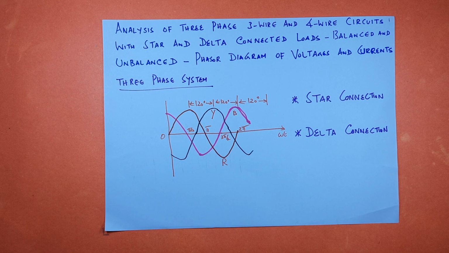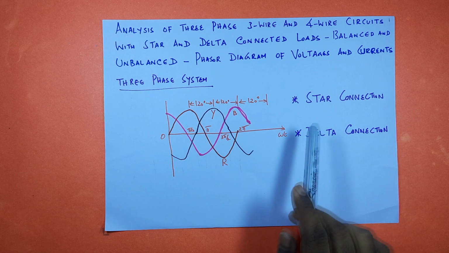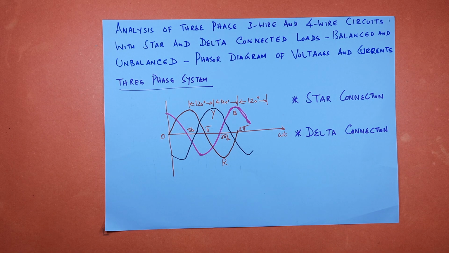In this three-phase system, we have two types of connection. One is called star connection, another one is called delta connection. And again, here we have two types of system. One is balanced system, another one is unbalanced.